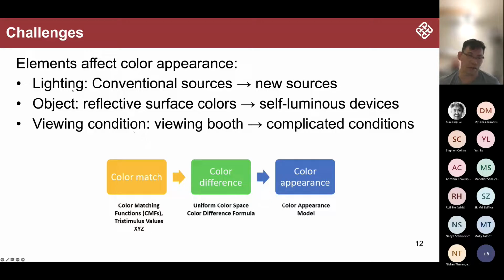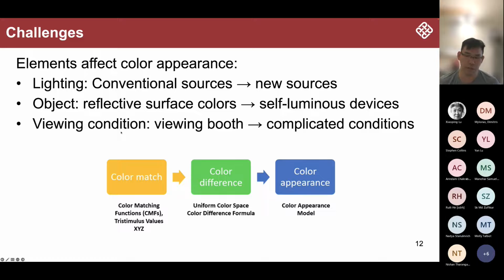For example, for lighting, we no longer only use conventional light sources. We start to have OLED and LED sources, whose spectral distribution is narrower. And for the objects, we are not only looking at reflective surface colors, we also care about displays and AR, VR conditions, so we start to focus on self-luminous devices.